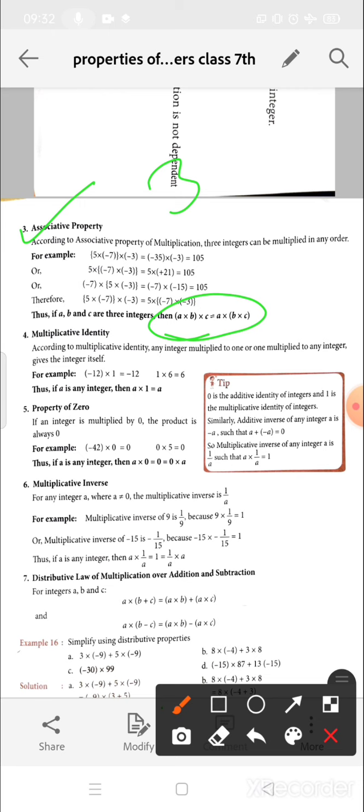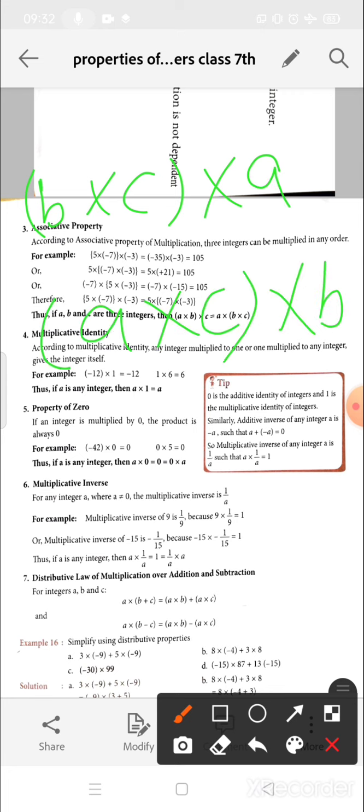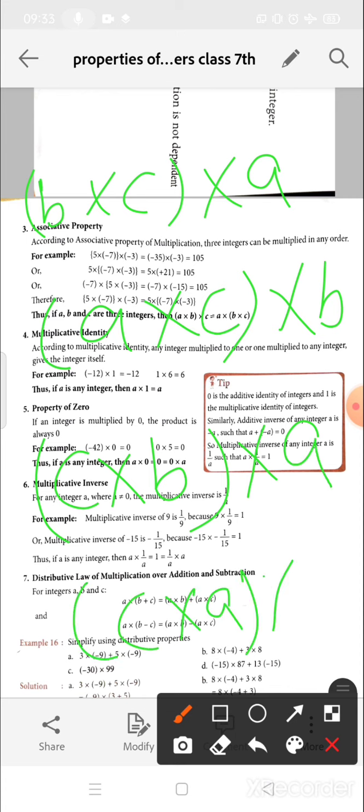So we can say that according to the associative property of multiplication, three integers can be multiplied in any order. In any order means beta, a multiplied by b first, then we multiply by c, or b multiplied by c first, then we multiply by a, or a multiplied by c first and then we multiply by b, or c multiplied by b and then by a, or c multiplied by a and then by b.